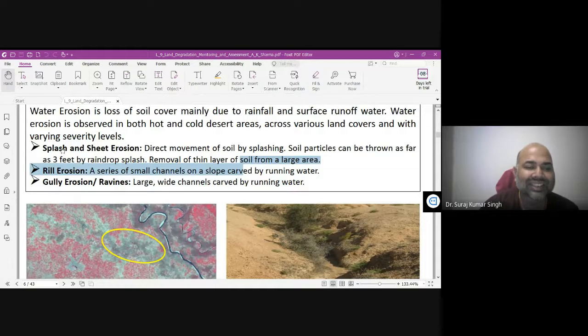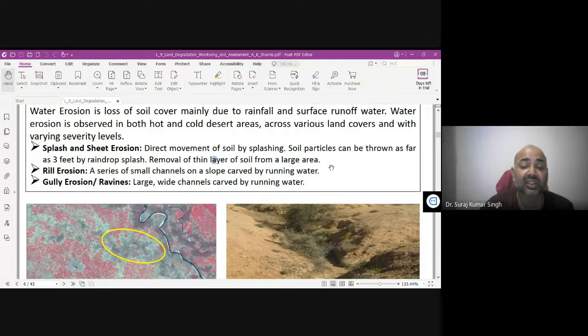First one is splash and sheet erosion. That is the activity based directly on the movement of soil by splashing, meaning cutting off the topsoil. Soil particles can be thrown as far as 3 feet by raindrop splash. That is the removal of a thin layer of soil from a large area.